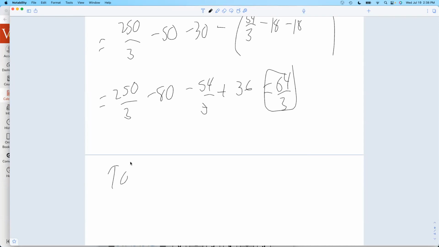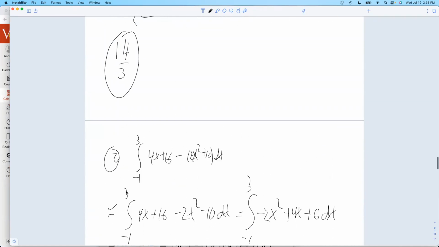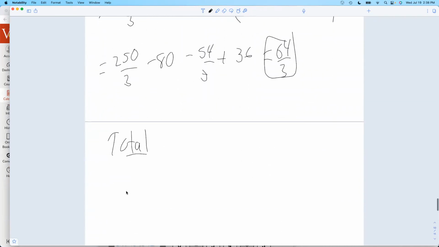So total, I think we got 64 over 3 twice and 14 over 3. So that's 128, 130, 142 over 3.